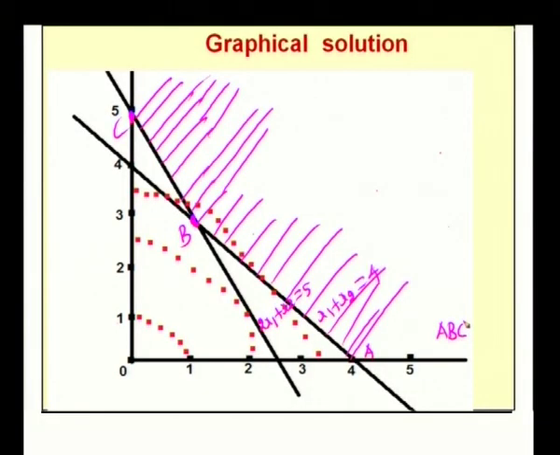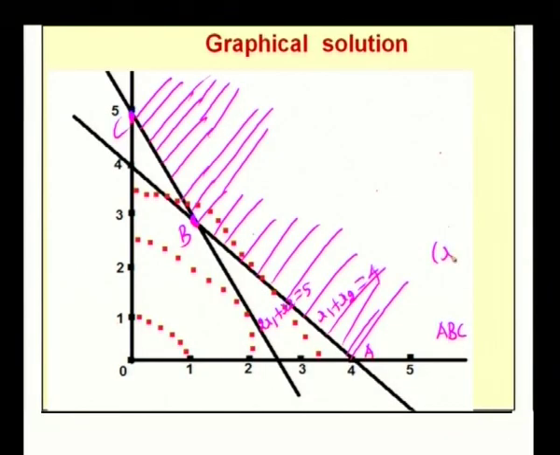Once we have the feasible region, our search is to find the optimum solution of the nonlinear programming problem. So, our search is to find the point x1, x2 in this convex region ABC.